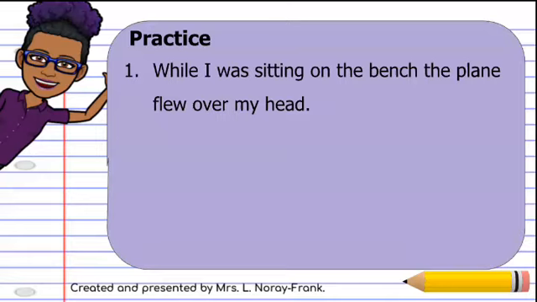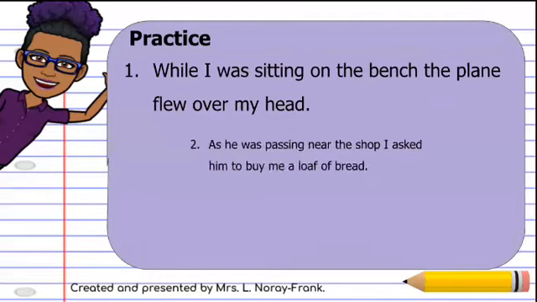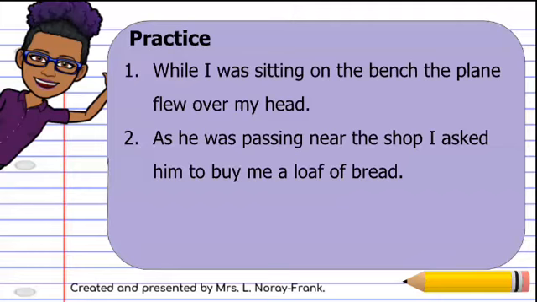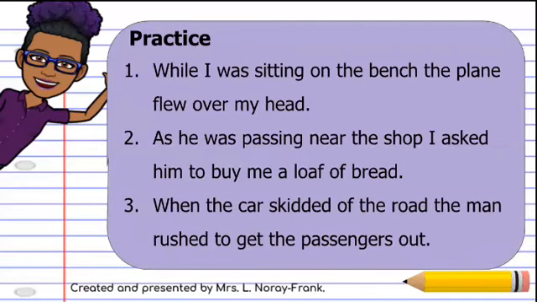Number 1, while I was sitting on the bench, the plane flew over my head. Sentence number 2, as he was passing near the shop, I asked him to buy me a loaf of bread. Sentence number 3, when the car skidded off the road, the man rushed to get the passengers out.